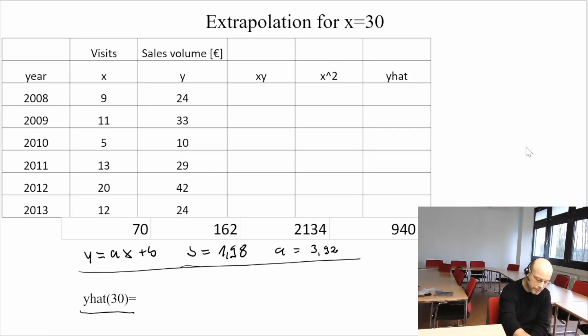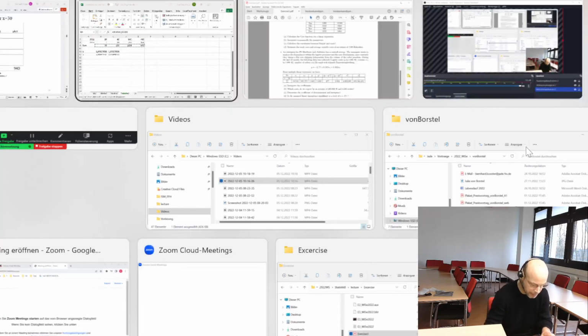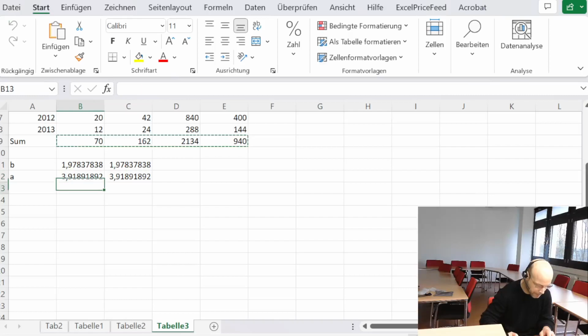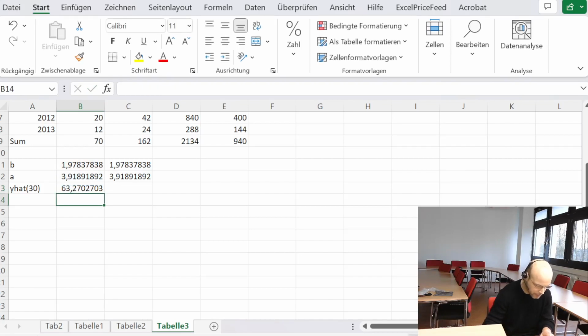Well, this is my dependence, so I just insert that. This would be 3.92 plus 1.98 times 30, and this will be roughly, y hat of 30 equals a plus b times 30, which is roughly 63 or 64, 63.